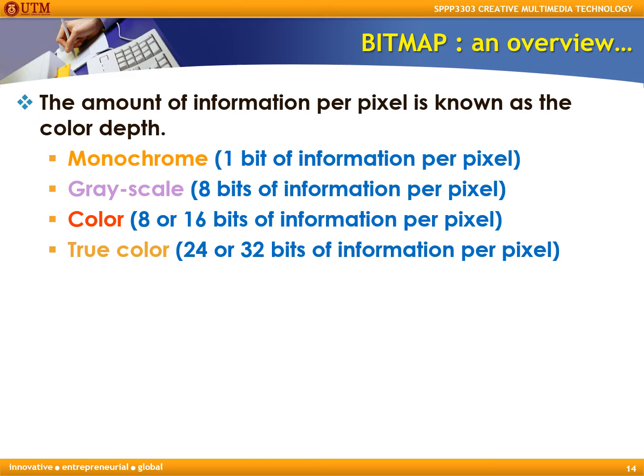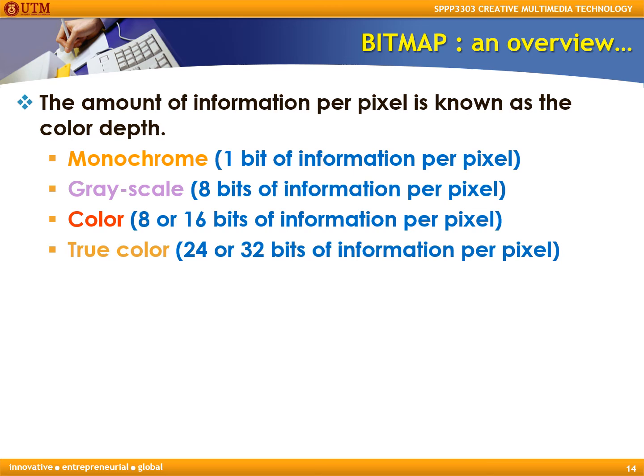Now if I ask you a question here, what is the difference between monochrome and true color? Obviously it's the quality of the image. Okay, when 1 pixel has 24 or 32 bits of information, this is going to be a very, very good high quality of images, while on the other hand, monochrome is going to be very low quality because it has only 1 bit of information in 1 pixel, so means 1 color.